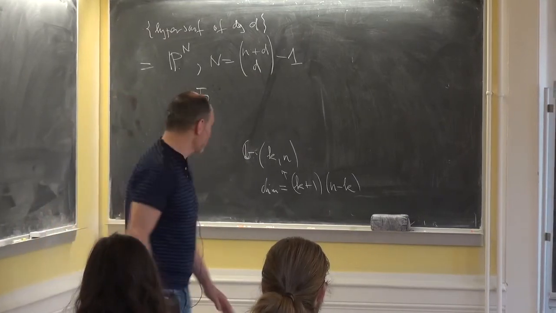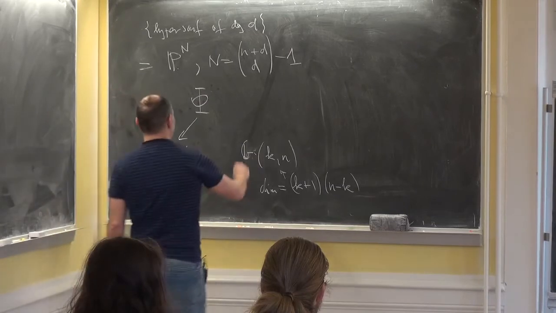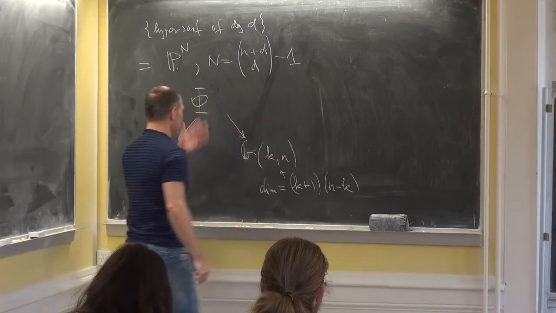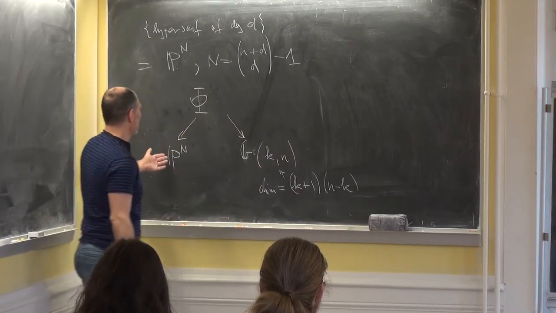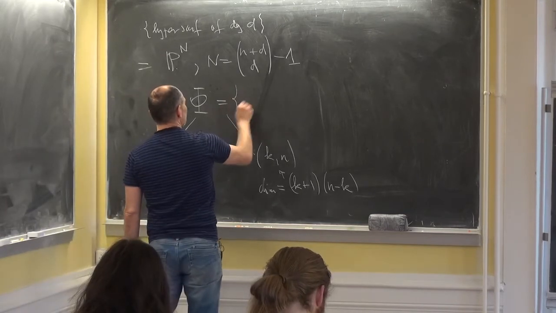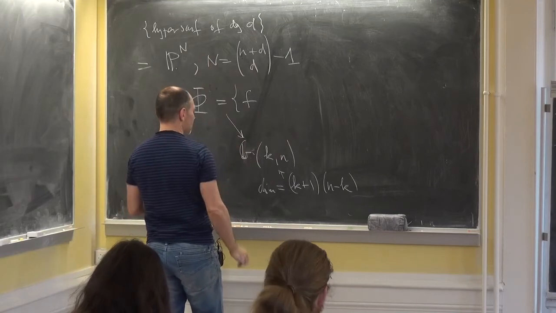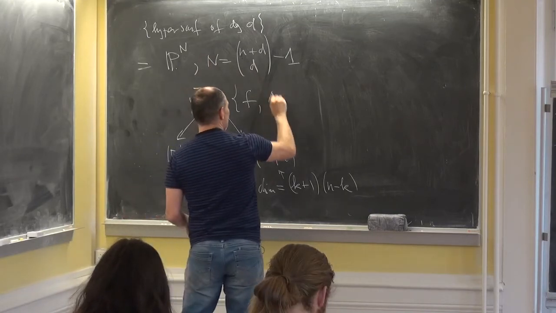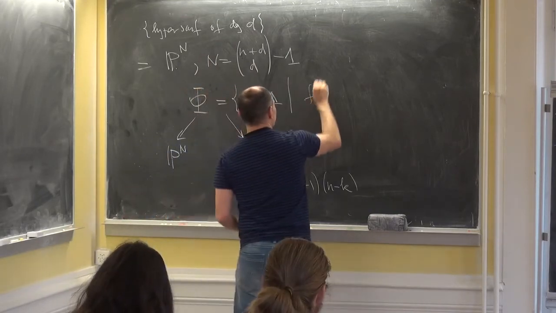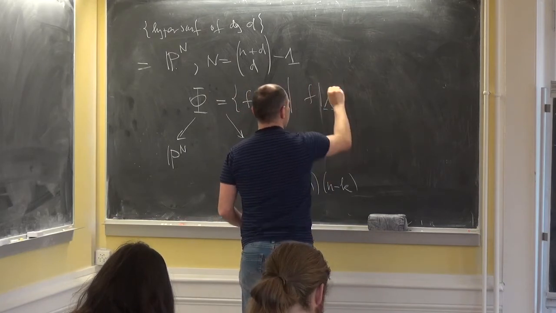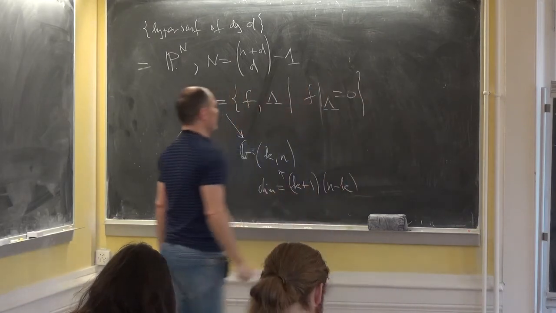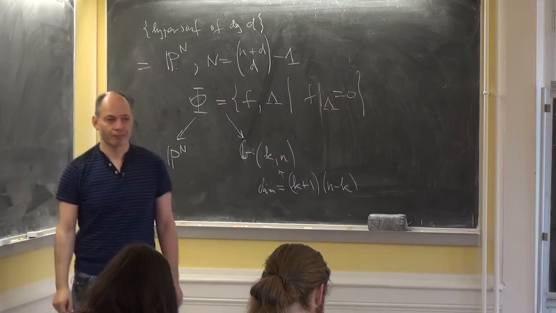Okay, so we do this thing, and this is the obvious incidence variety. I look at a polynomial f, and you can identify f and x here, and some plane lambda, such that f restricted to the plane lambda is equal to 0. So this is the idea.